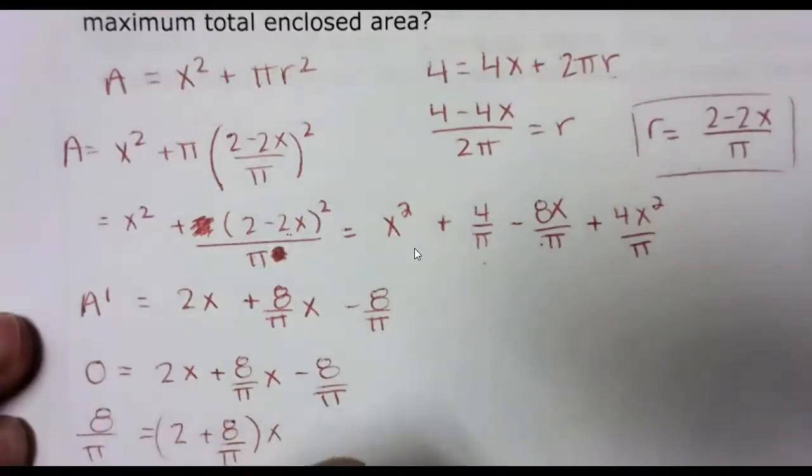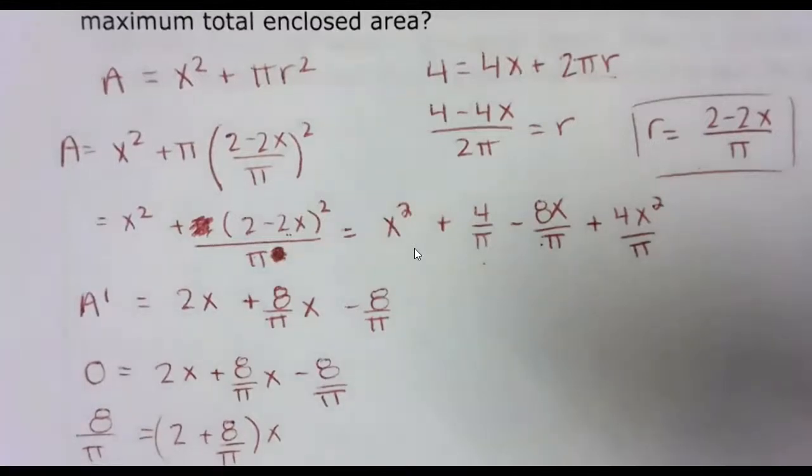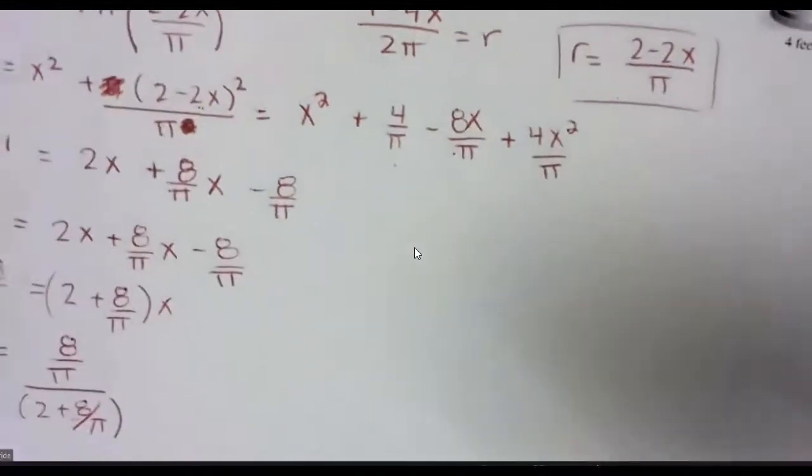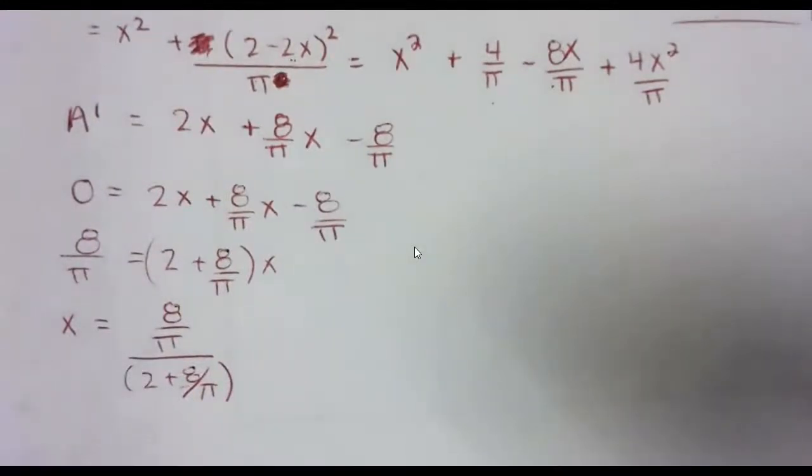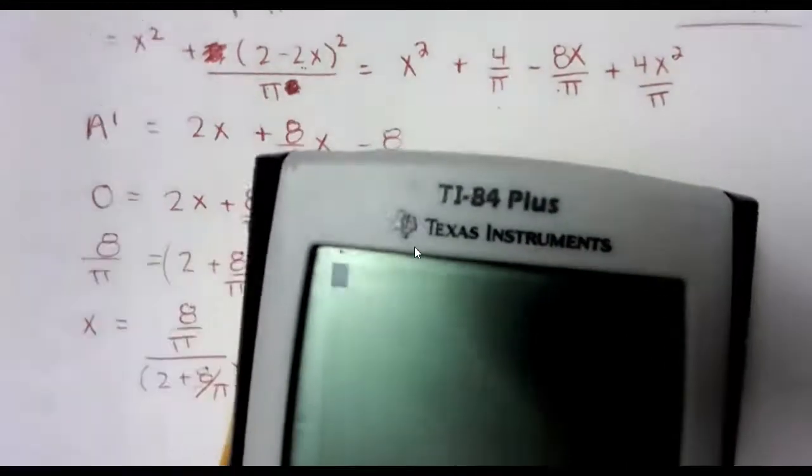So x would kind of be like 8 over pi all over 2 plus 8 over pi. But I wouldn't anticipate you to know what that represented as a value. So that's where you would take your calculator and approximate.